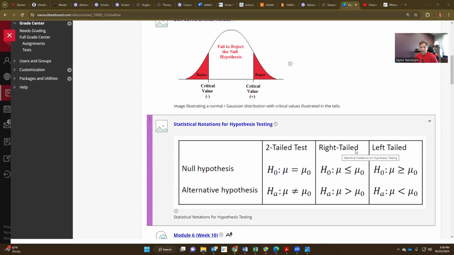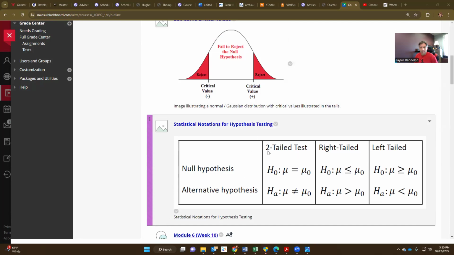The null hypothesis for a right-tailed test is that the mean is less than or equal to the experimental group. In the left-tailed test, the null hypothesis states that the mean is greater than or equal to the experimental group. Sorry. And then your alternative hypothesis.